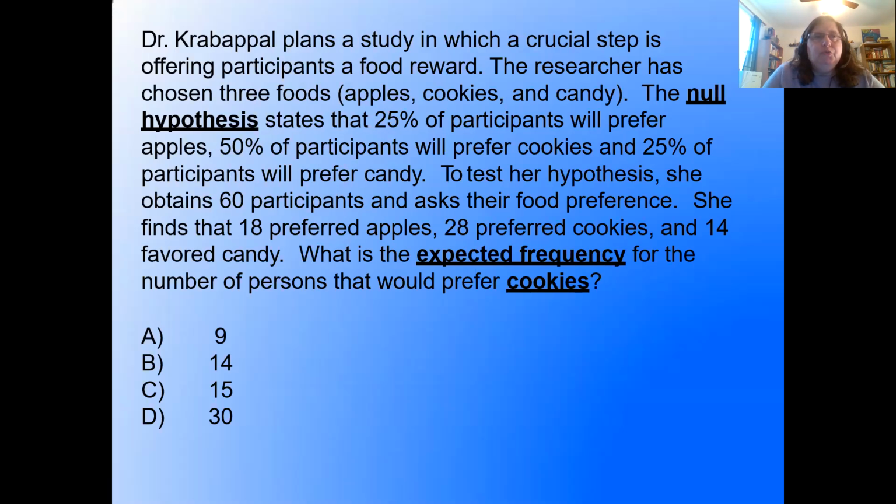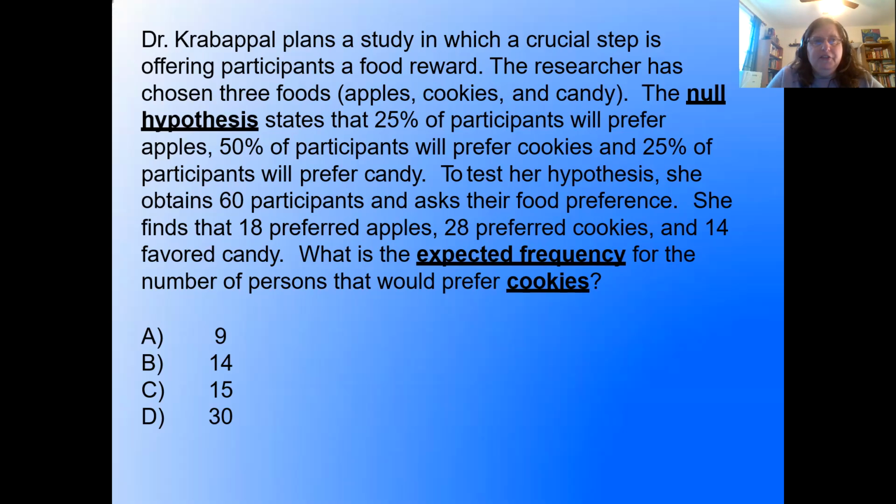All right, next one. Dr. Crabapple plans a study in which a crucial step is offering participants a food reward. The researcher has chosen 3 foods: apples, cookies, and candy. The null hypothesis states that 25% of participants will prefer apples, 50% of participants will prefer cookies, and 25% of participants will prefer candy.